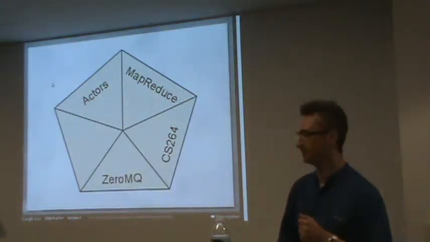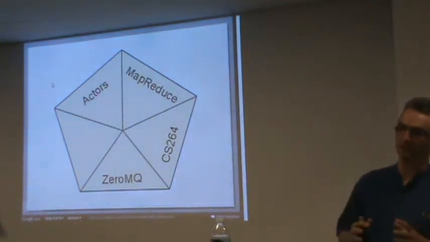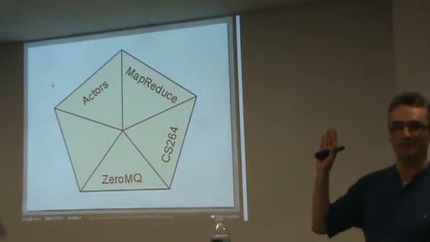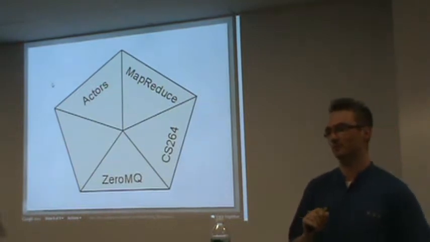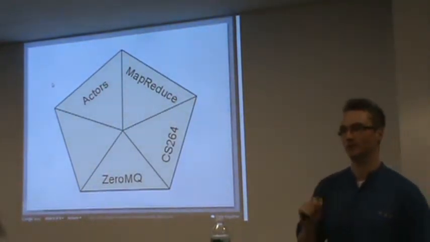And I picked 0MQ. By the way, is there anybody who used or is using 0MQ? Okay, one person. When I was listening to the lecture about 0MQ, it was as if I was listening to Jonas Bonner's talk about Akka.